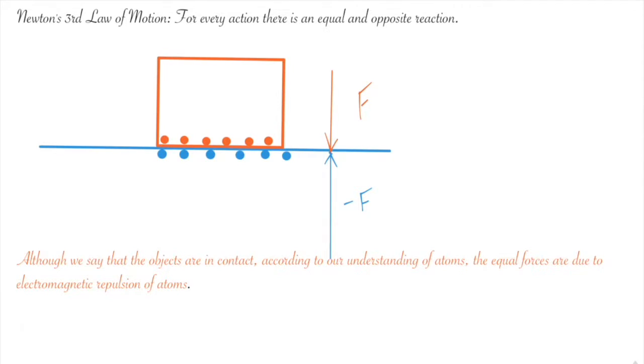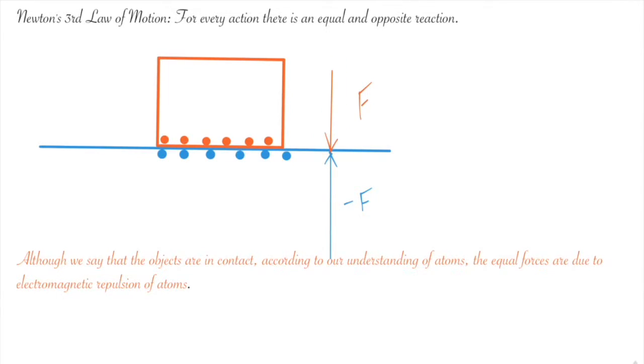I'm going to explain a little more about that later in this video, but in this case we've got this box that is pushing down on the surface, and the surface is pushing back on the box. Those are the equal and opposite forces.